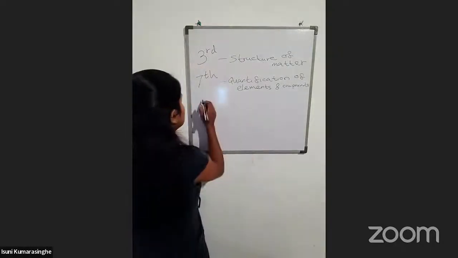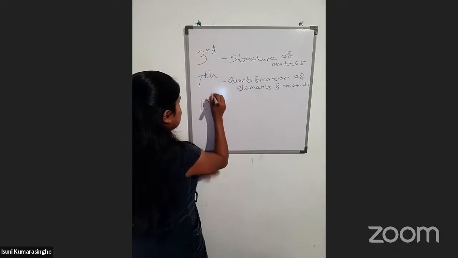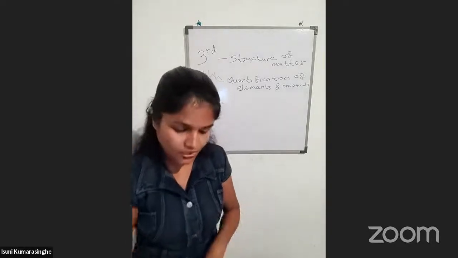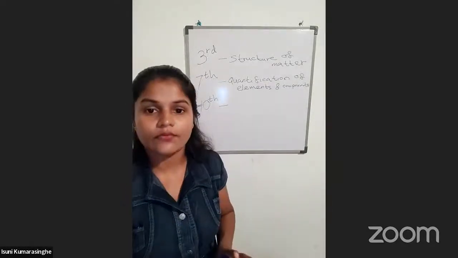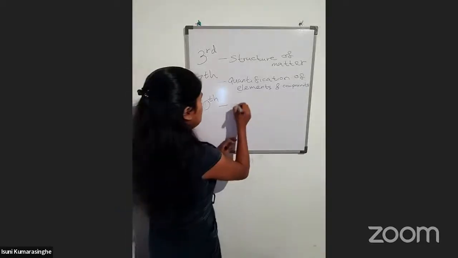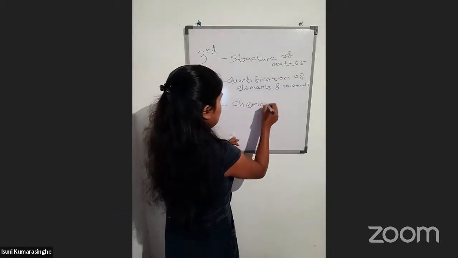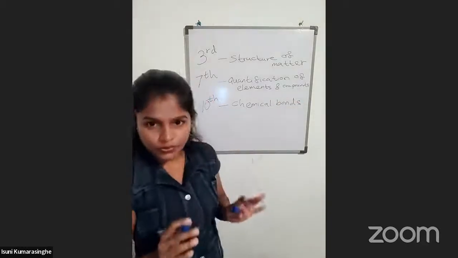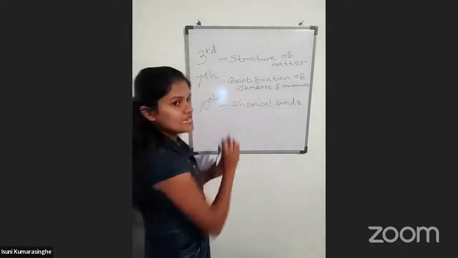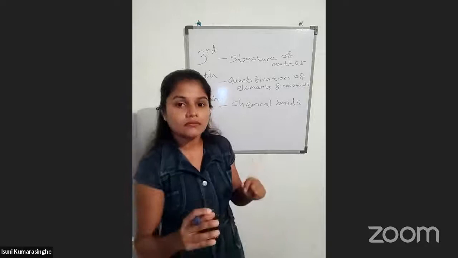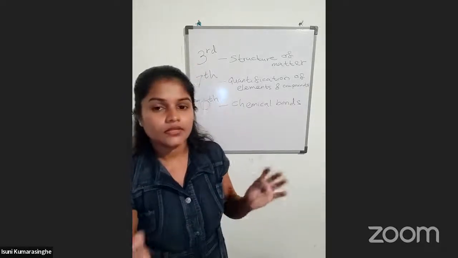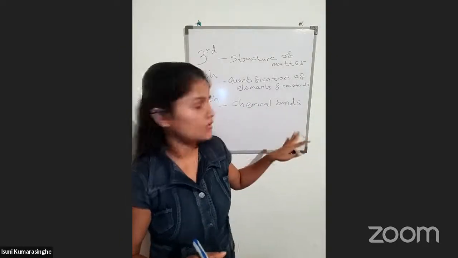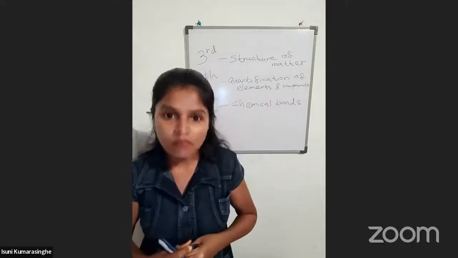Then the 10th lesson is also allocated for chemistry. It is completely allocated for chemical bonds. In chemistry, when elements combine with one another, bonds are made.